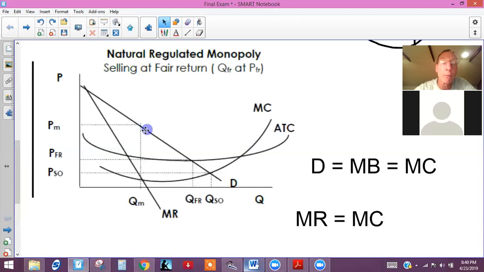Everybody in the market from here to there. Wherever the price is, everybody on the demand curve pays that price. So when they lower the price, it not only lowers the price for the next person that's going to buy it, it lowers the price for everybody back up here too, right? So the marginal revenue is always going to be lower down here.